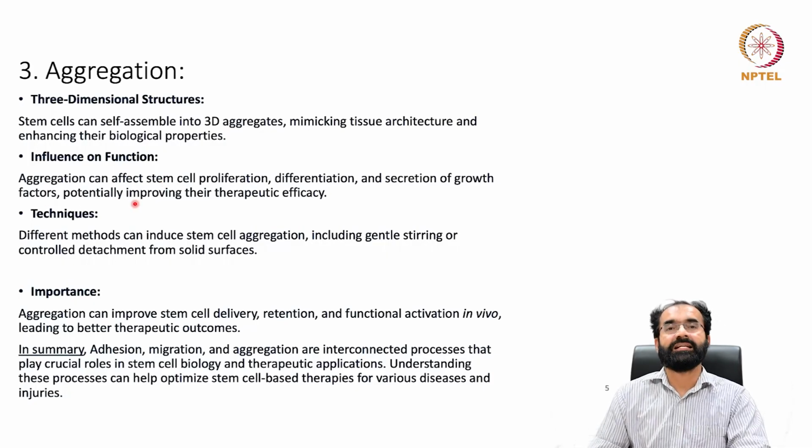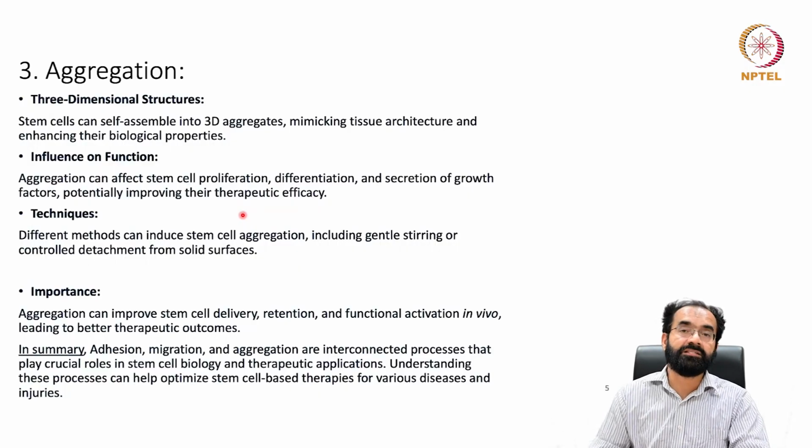So aggregation can affect stem cell proliferation, differentiation and secretion of growth factors, potentially improving their therapeutic efficiency. That is why aggregation is so important, because it can influence the function of the stem cell itself.